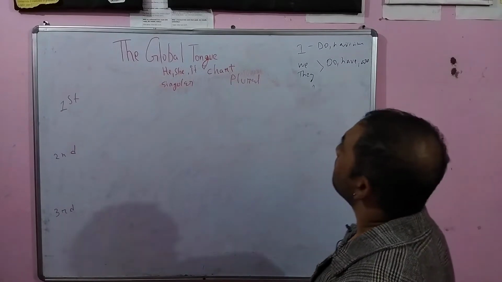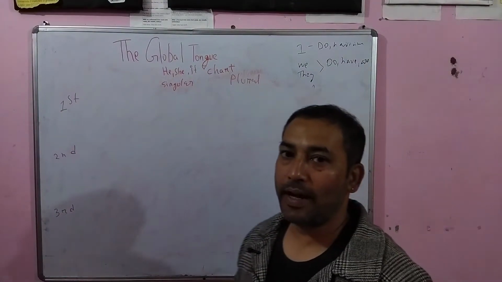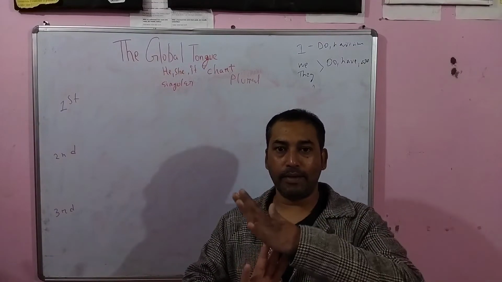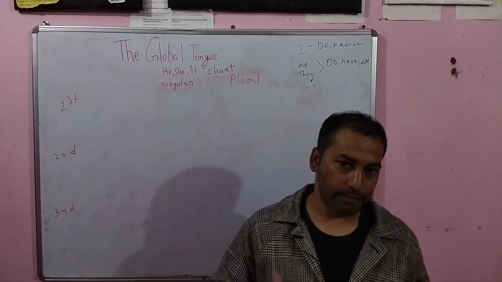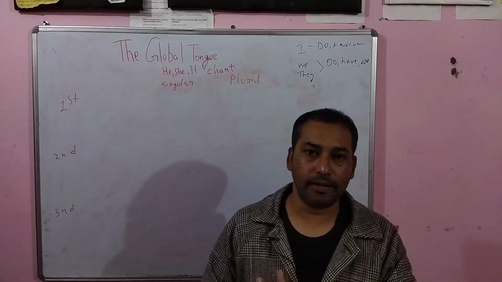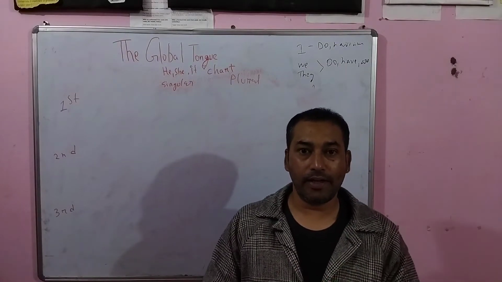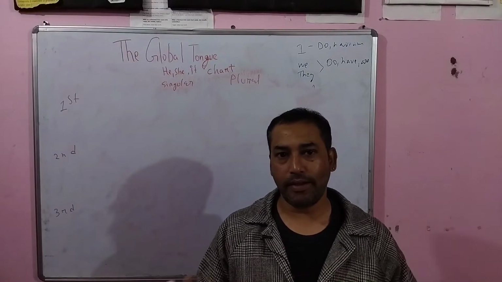How many persons do we have in English? We have 3 persons. The first one is the speaker, the second one is the audience, and the third one is the subject, the third person.